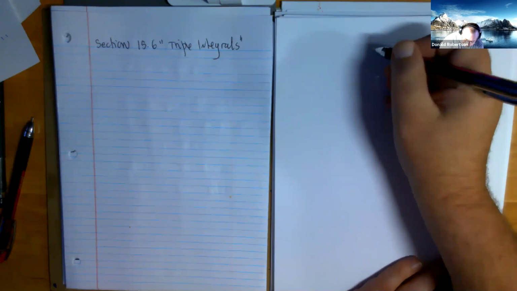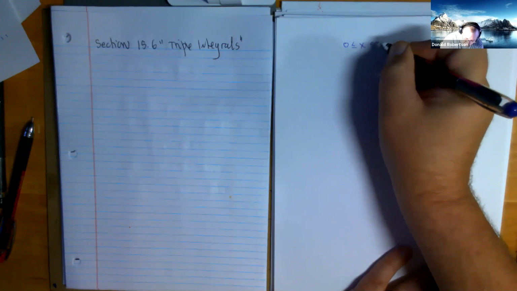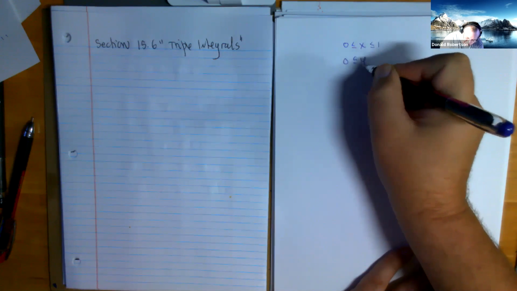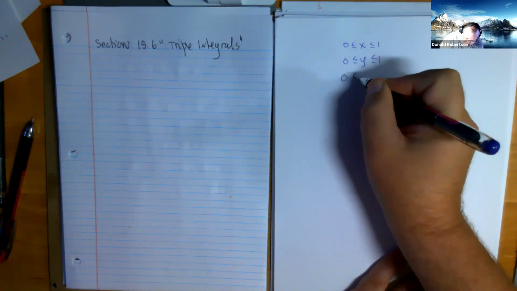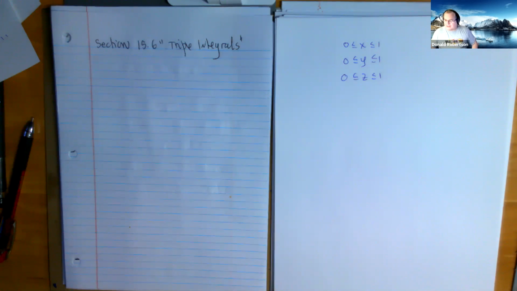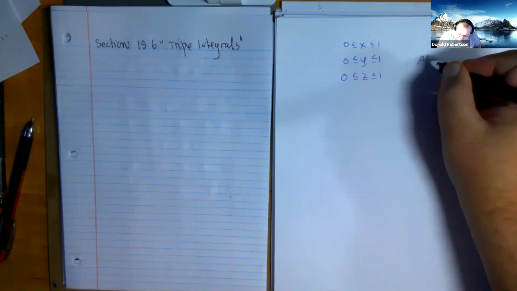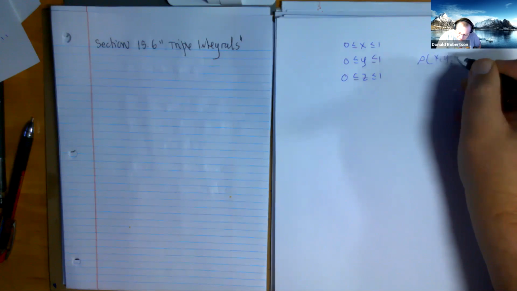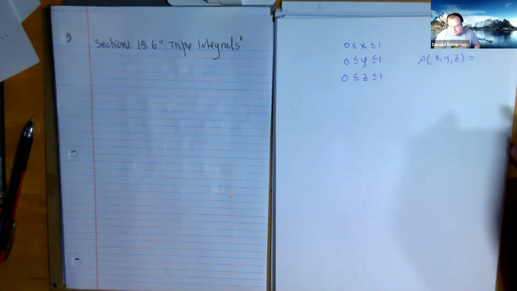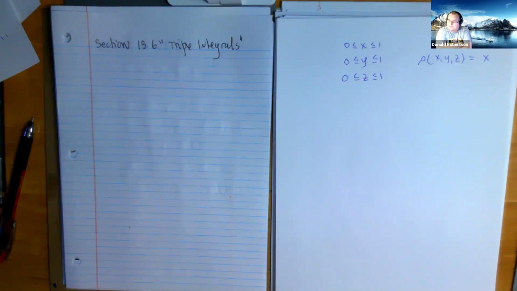So I am going to do x from 0 to 1, y from 0 to 1, and z from 0 to 1. I pick them because with a bit of luck, they're going to be pretty easy numbers, right? And let's have the density function just be x. So I don't want to make my life too hard.